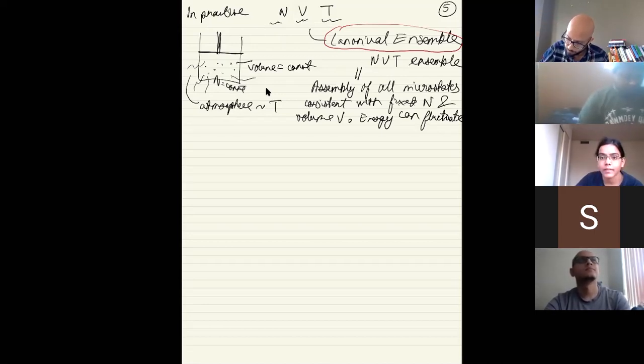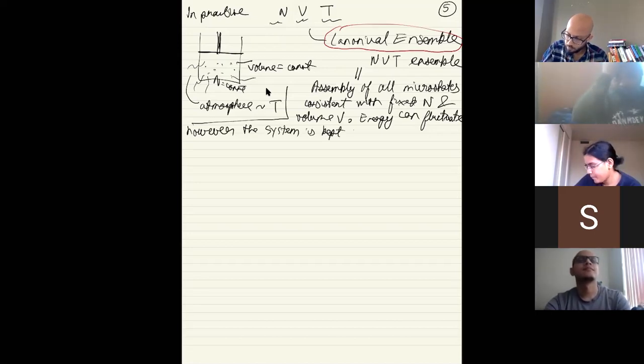However, well, that's a terrible however. The system is kept in thermal equilibrium, not mechanical equilibrium. If we had mechanical equilibrium, then instead of NVT, we would have to talk about NPT, pressure.